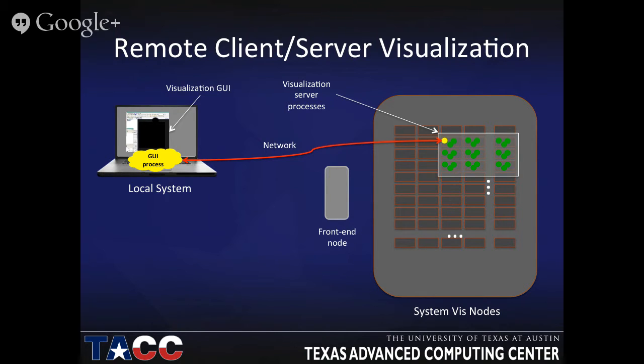So that's what makes a supercomputer nowadays: lots and lots of nodes that talk to each other real fast, grouped together in a computer room like across the way, and hidden behind a front-end node. So when you log in to one of our computers, Maverick or Stampede, what you're actually doing is logging into a front-end node here.